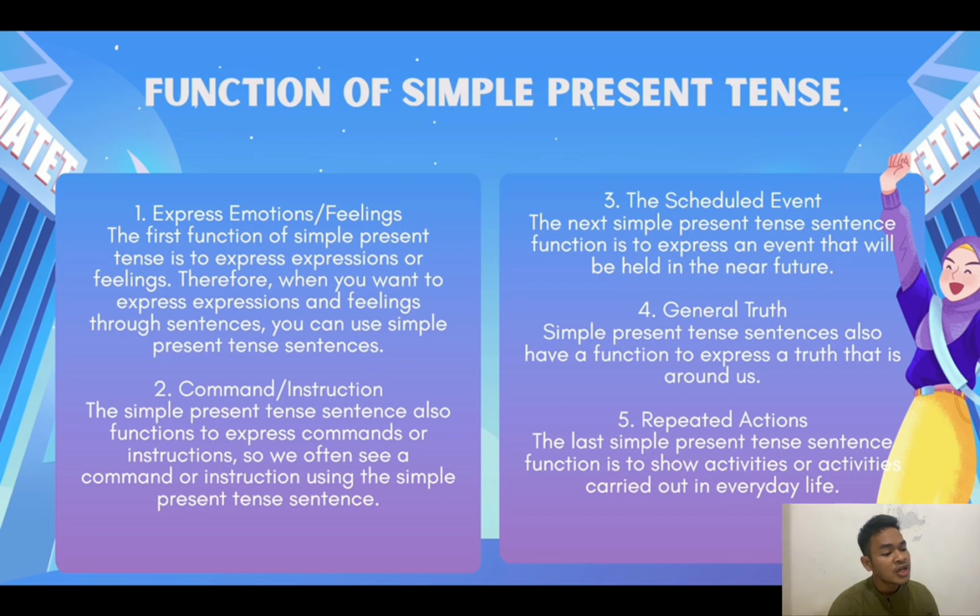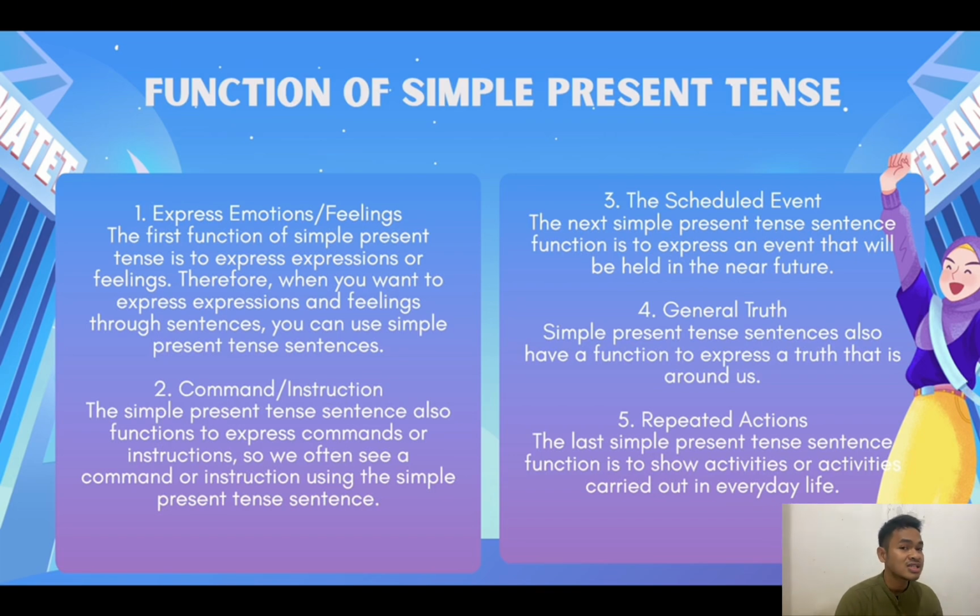Second, comments or instructions. The simple present tense sentence also functions to express comments or instructions. So, we often see a comment or instruction using the simple present tense sentence. Third, the scheduled event. The next simple present tense sentence function is to express an event that will be held in the near future.